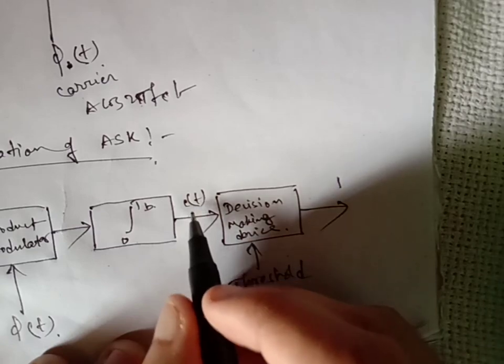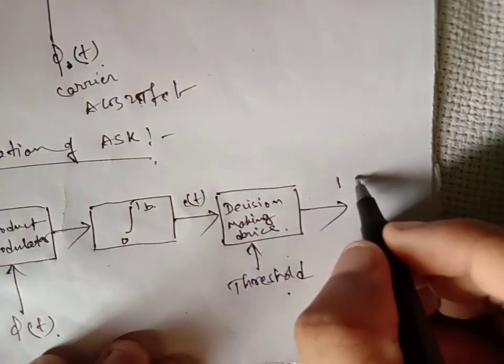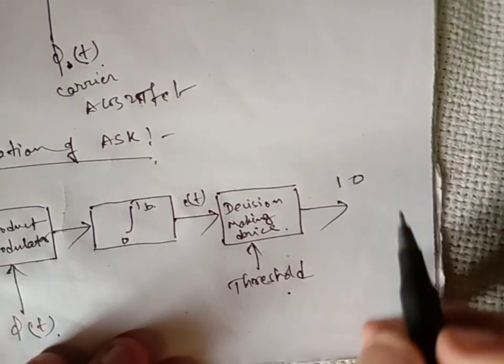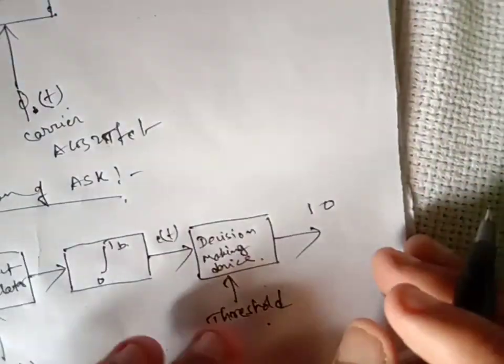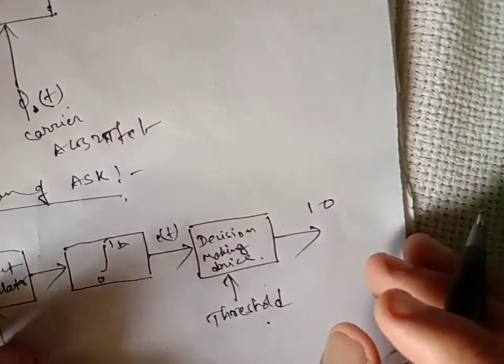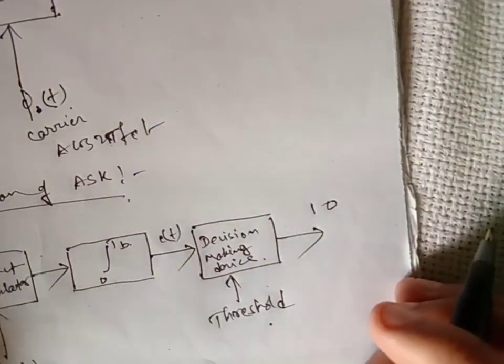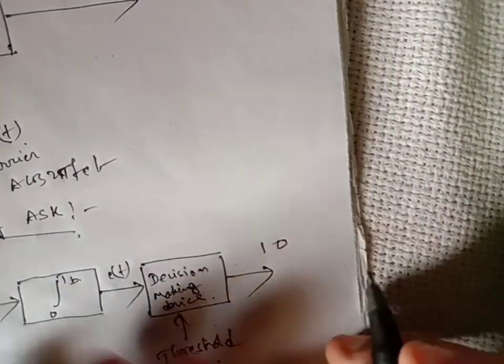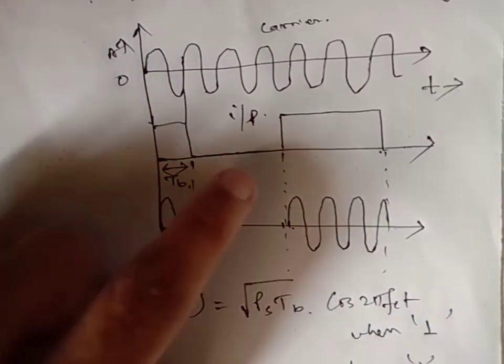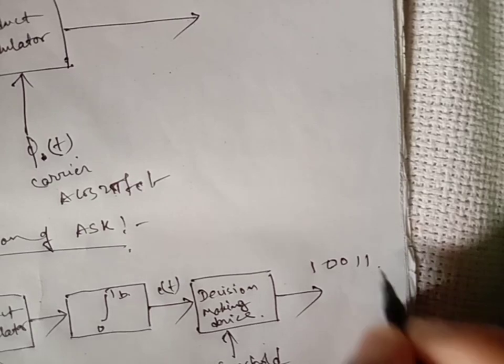When C(t) is less than the threshold value, the output will be 0. Hence this way this block diagram will output the inputted binary sequence in the modulator part. So I inputted here 10011, so the output will be like 10011.